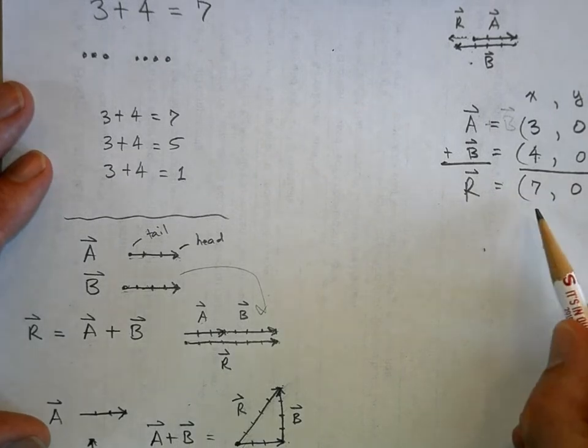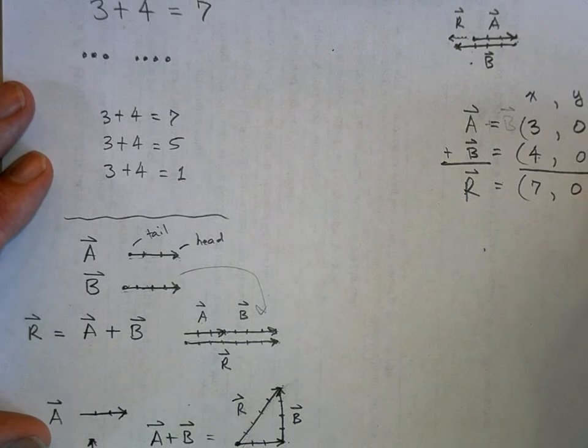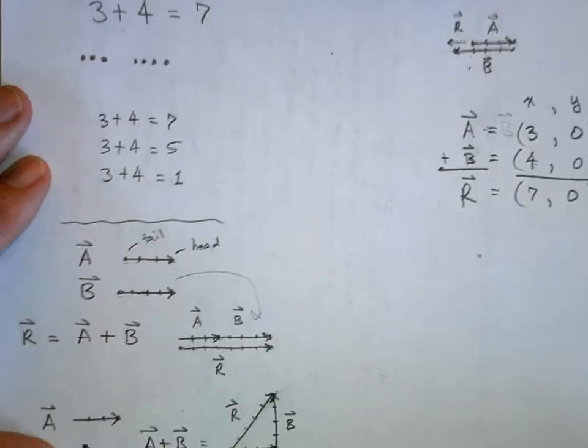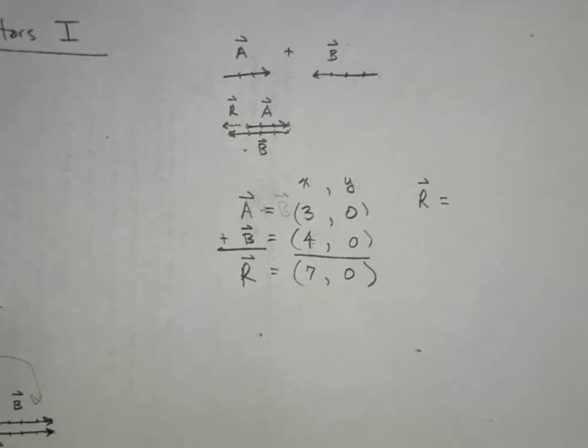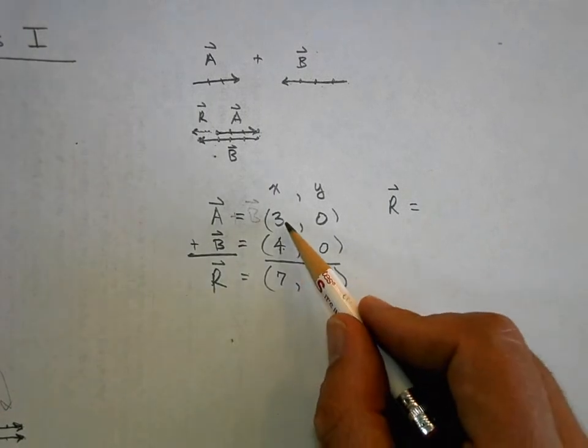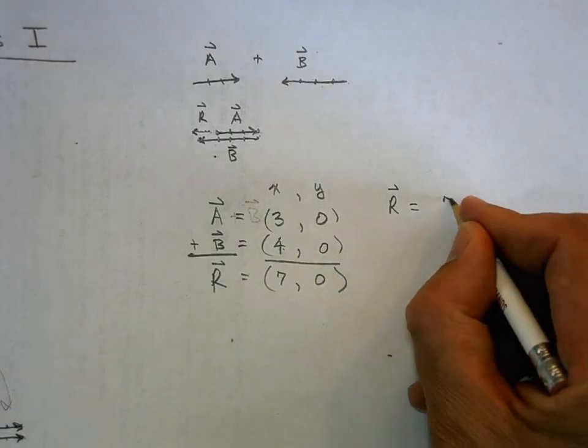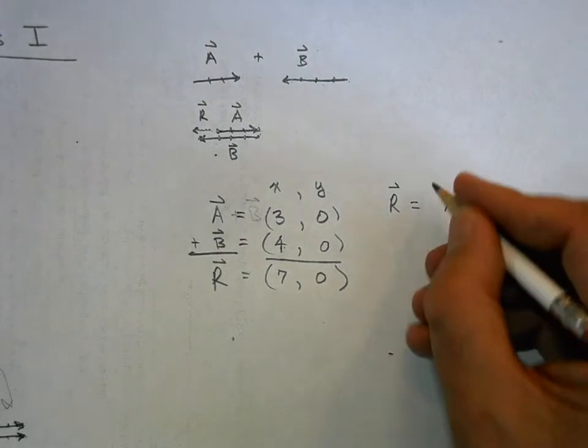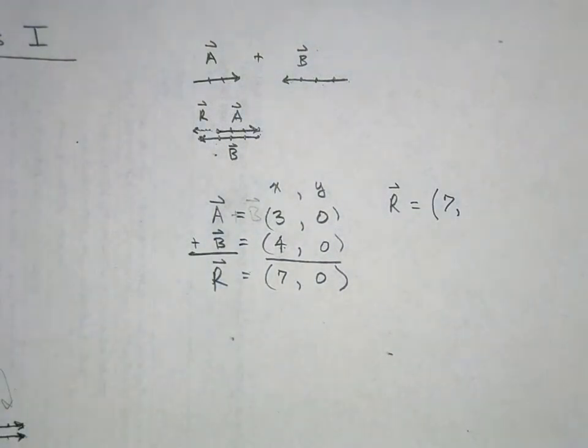Well, it's obviously 7. So if I write vector r in polar coordinates, then it's going to be 7 meters or whatever we're using, 7 units long.